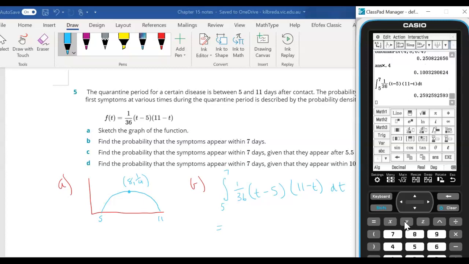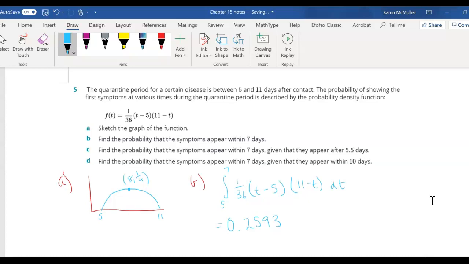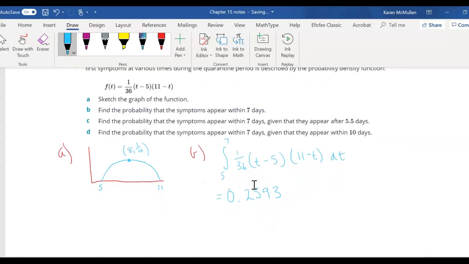All right, so that is find the probability that the symptoms appear within 7 days. So we'll do that to 4 decimal places. So 0.2593. All right, so that's the probability they'll appear within 7 days.